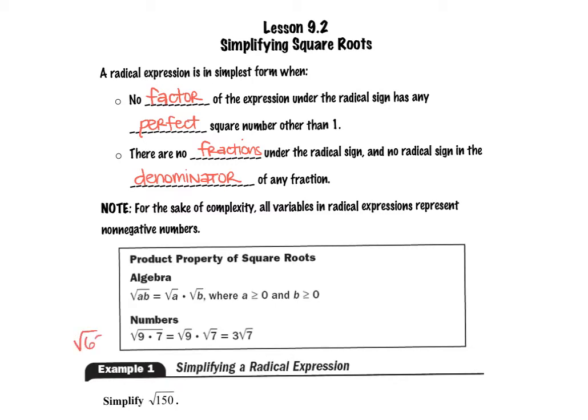So pretend like we had the square root of 63, what it's saying is we could write that as the square root of 9 times 7, and then we can split that into the square root of 9 times the square root of 7. And the reason that that helps us is because 9 is a perfect square, so we can take the square root of 9, it's 3. And so the square root of 63 simplified would be 3 times the square root of 7.